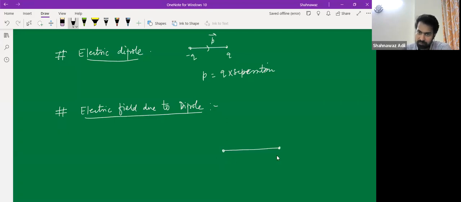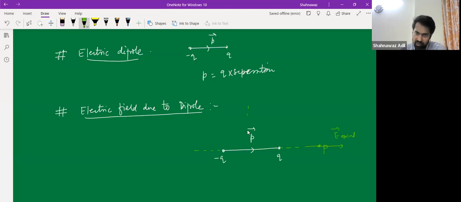So this was the dipole moment direction, and first we calculated the electric field at this line. So what is this point called, Aisha? Axial point. Absolutely correct. So the electric field at the axial point we calculated, and this was in the direction of the dipole.